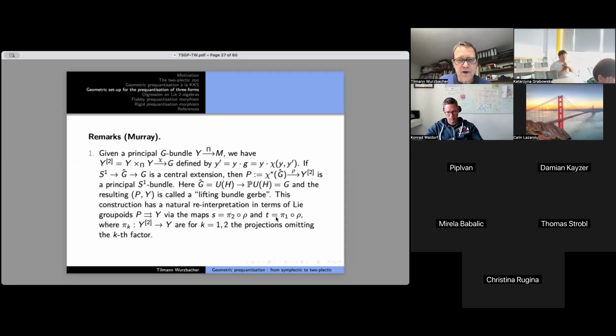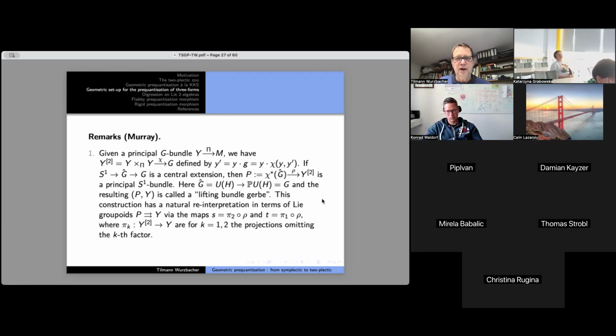Pi 1 and pi 2 is the opposite of what you might think. It's not the projection onto the k-th factor, it's the projection omitting the k-th factor, because you can generalize this to higher symmetric powers and you have a chain of projections where you always leave out one coordinate, from the k-th symmetric power to the (k minus 1)-th symmetric power.